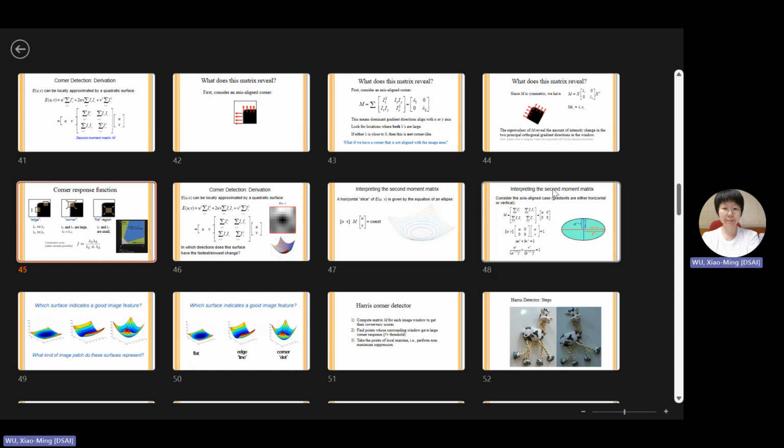So I hope now you can appreciate image gradients as fundamental tools for image processing. Okay, they can be used in many important tasks, and they can capture important image properties.